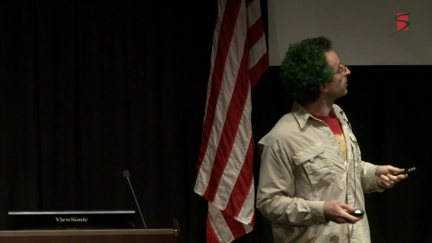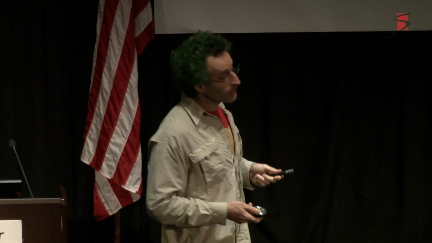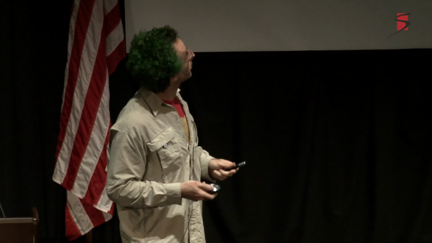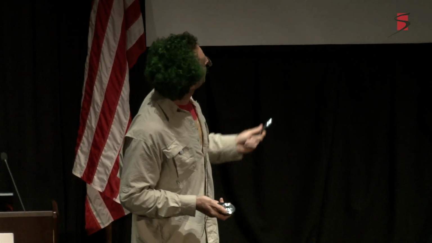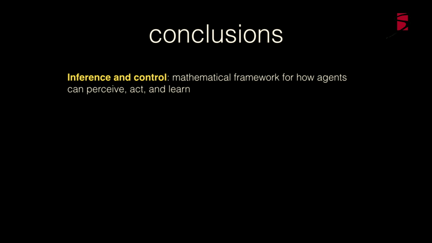All right, so conclusion, wrapping up. I presented to you some kind of cartoon version of a framework, a mathematical framework for inference and control. That is, how can you describe how agents perform on complex naturalistic tasks and use the observations they have to figure out what's out there and use beliefs and learn if you do this in a hierarchical way.